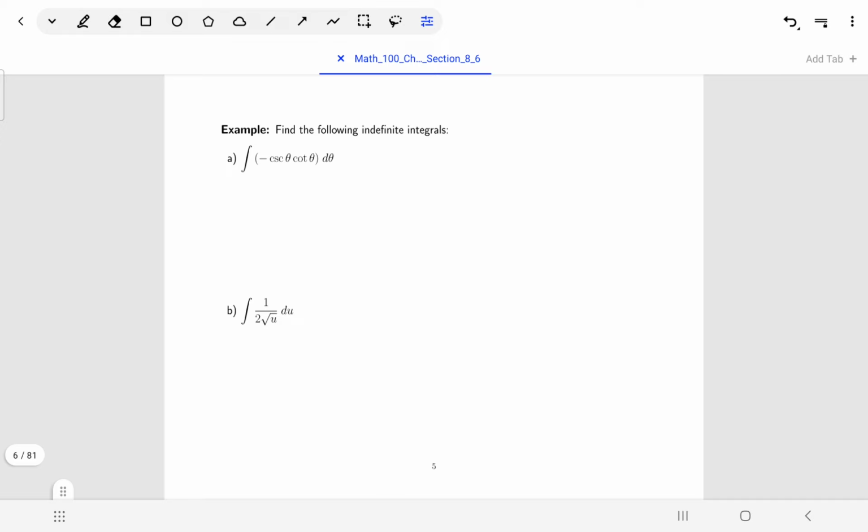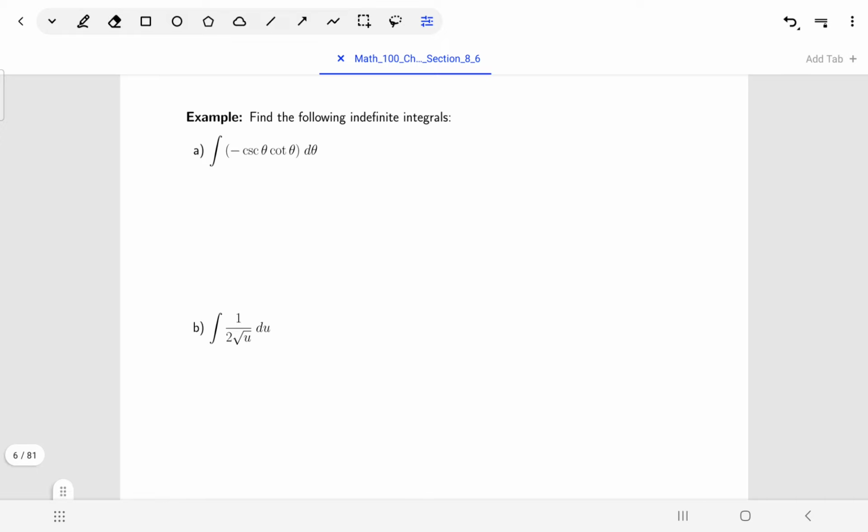Okay, so let's do a couple of examples, finding some indefinite integrals. When I write this indefinite integral of negative cosecant theta cotangent theta d theta, I'm asking what is an antiderivative of negative cosecant theta cotangent theta? I'm thinking back to trigonometry, and I know the derivative with respect to theta of cosecant theta is indeed negative cosecant cotangent.